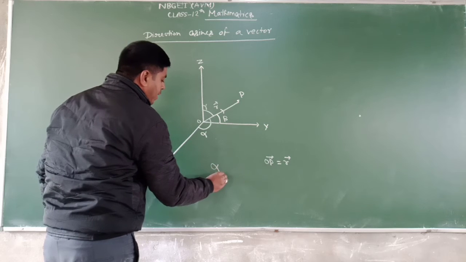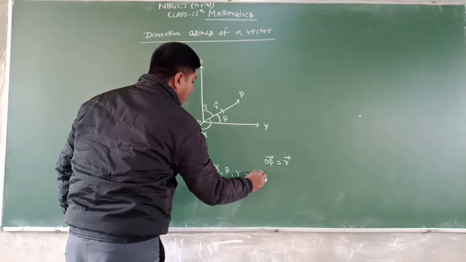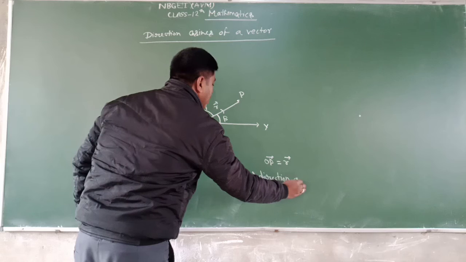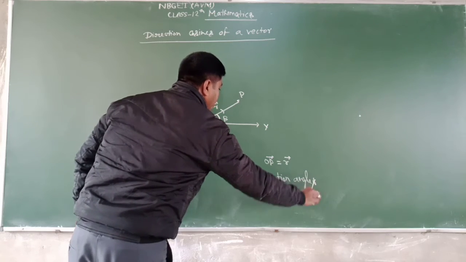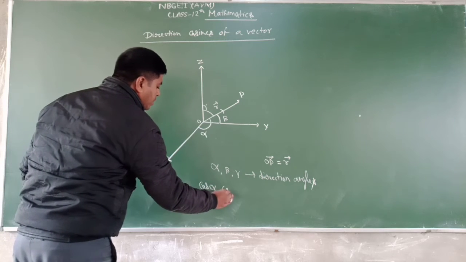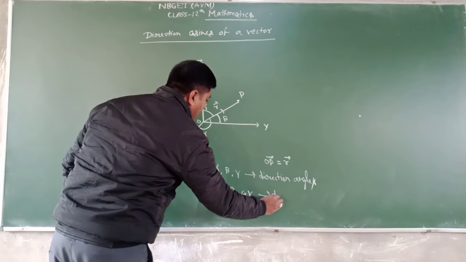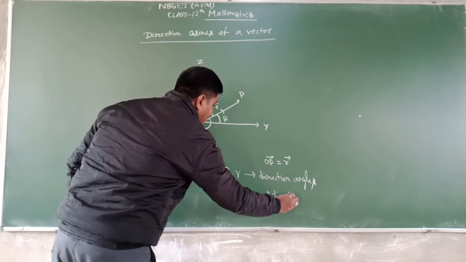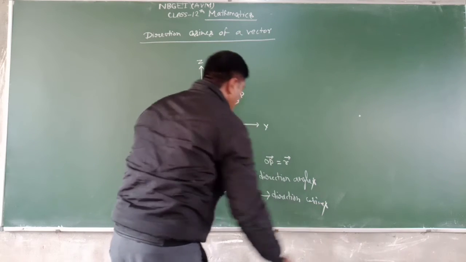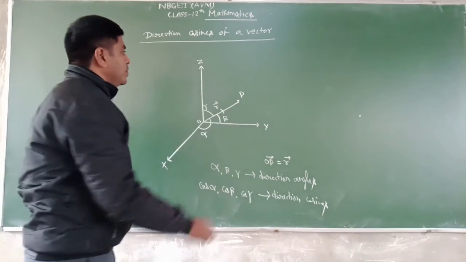Then alpha, beta, gamma are called direction angles. Now cos alpha, cos beta and cos gamma are the direction cosines. These are the direction cosines of vector r.